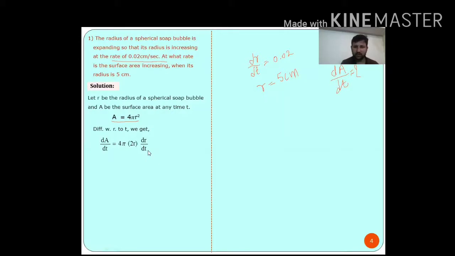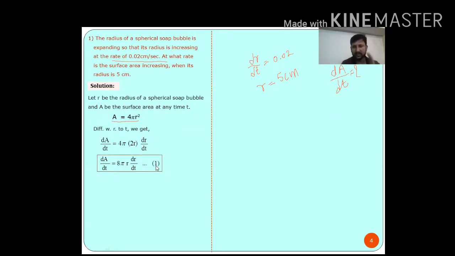The conditions are already stated: radius r is 5 centimeter and rate dr by dt is 0.02. Writing the next step, the product 4 pi into 2r is 8 pi r, equation number 1.